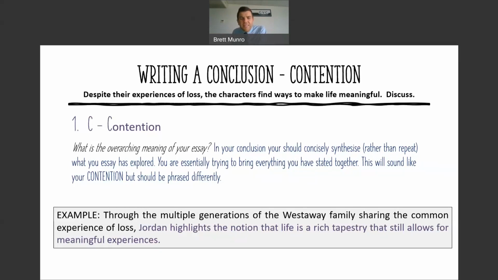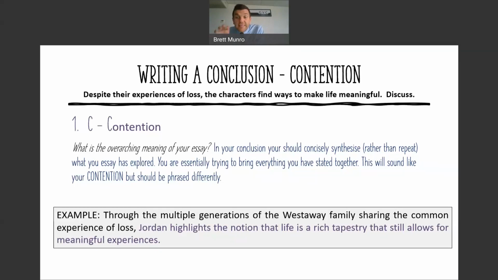You'll notice that this is more summative than it is introducing the idea. This idea of a rich tapestry has already been established and described in each of the body paragraphs, and this enables us to be more broad and a little bit more poetic in the way that we describe it. Whereas earlier on, we would have discussed how the multiple generations have combined to form this family.